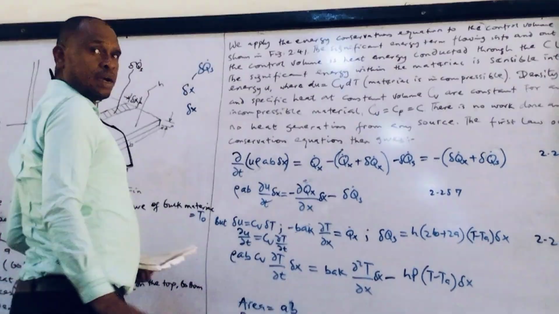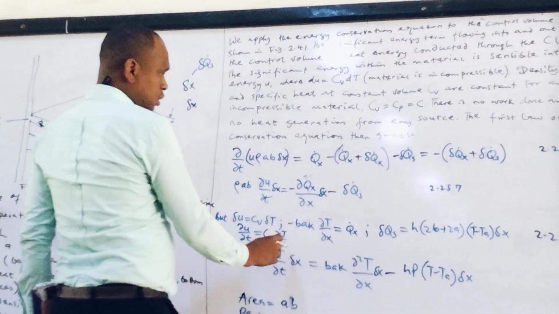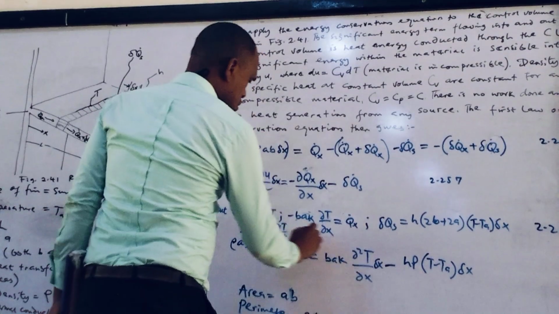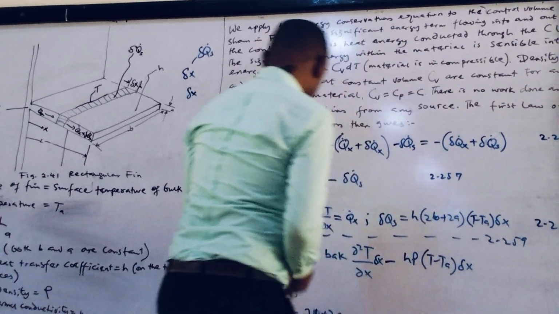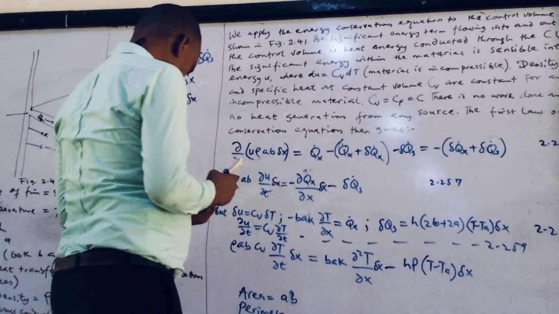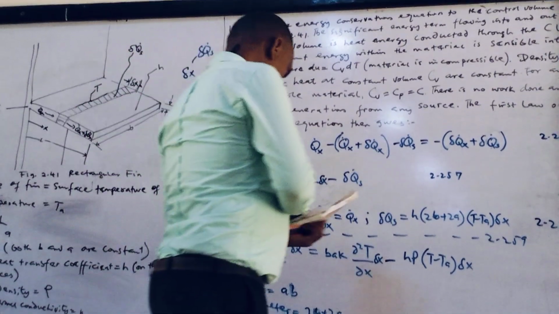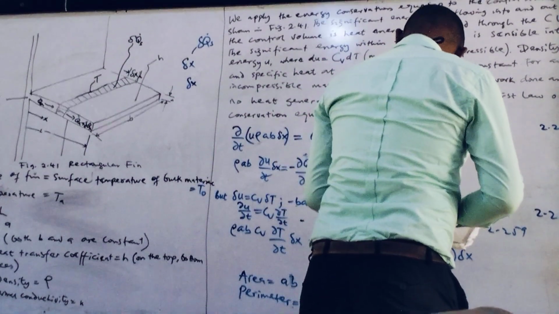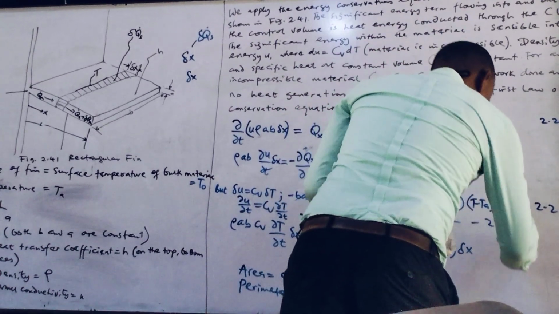I don't know whether you're getting this. The du/dt is this, which is 2.259. And this is 2.260.